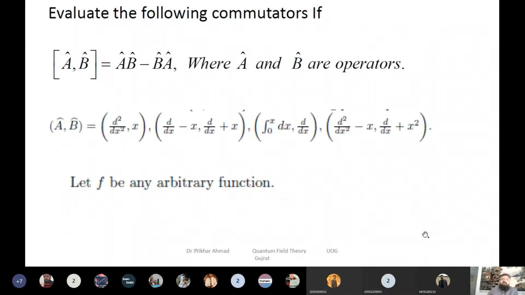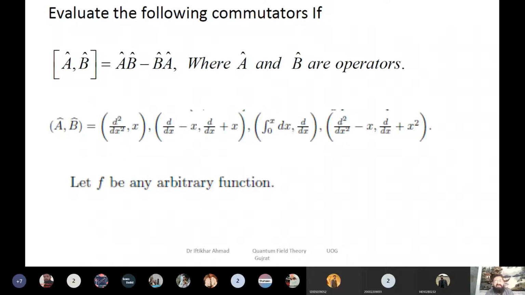So evaluate the following commutators, where [A,B] equals AB minus BA, and A and B are operators. So how can we find these different commutators?